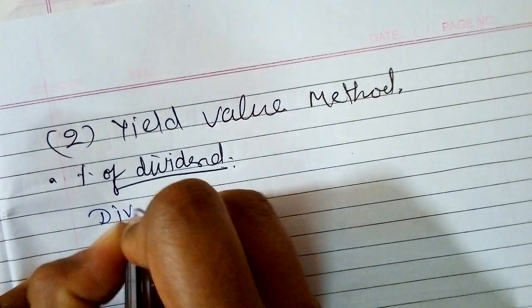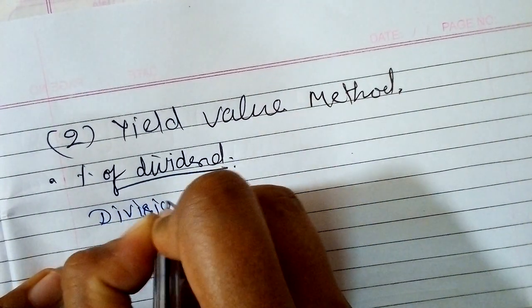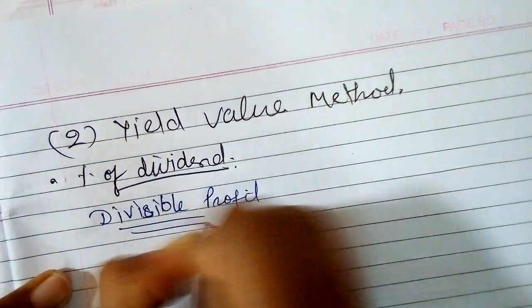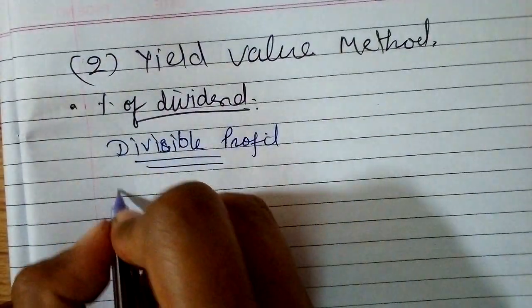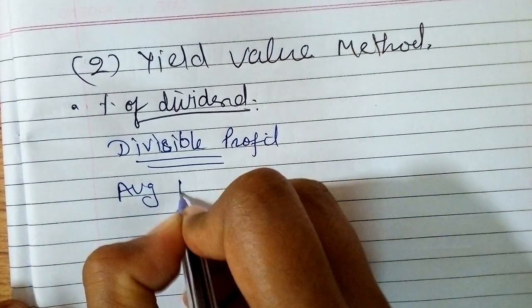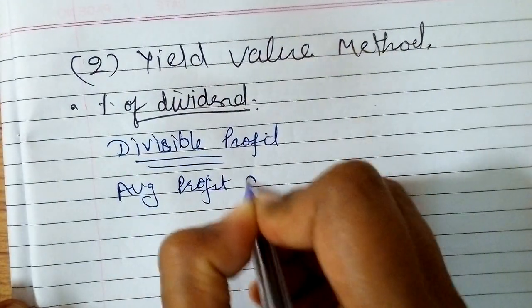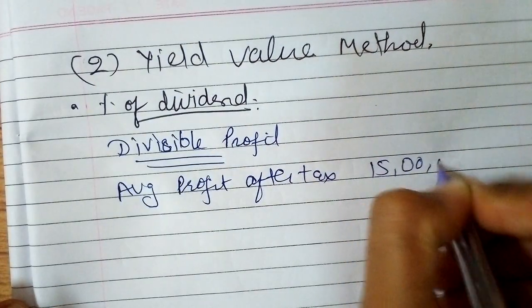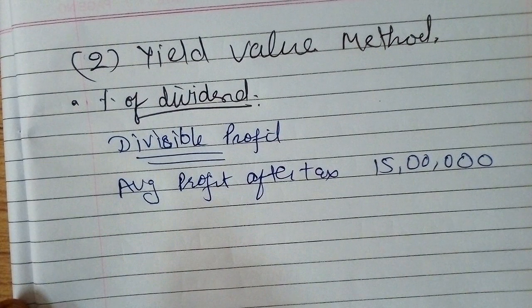So for that purpose, we should find out divisible profit. So for divisible profit, we have the average profit after tax, which is 15 lakhs, right?